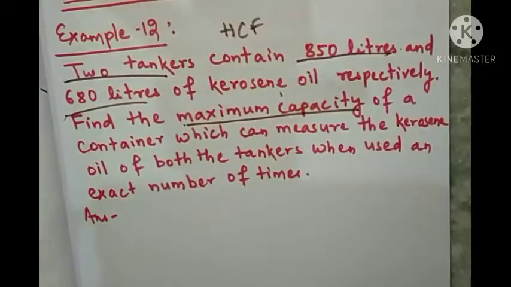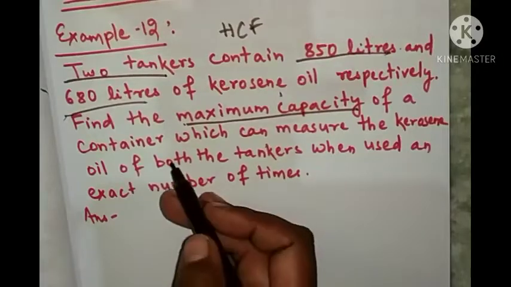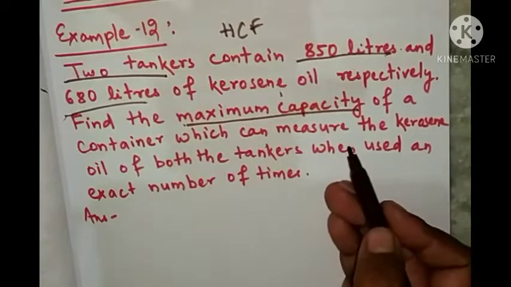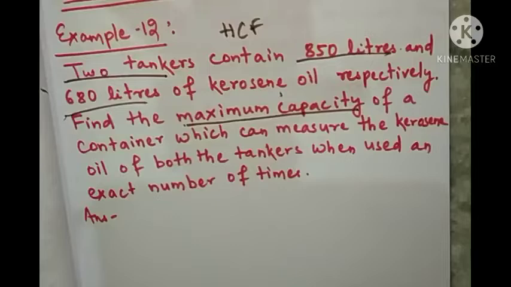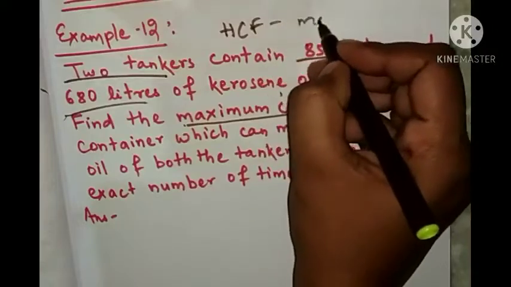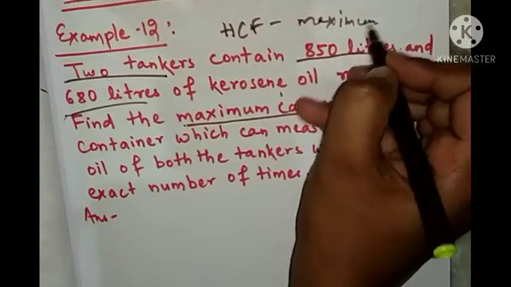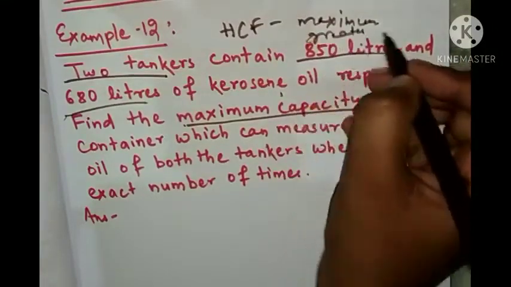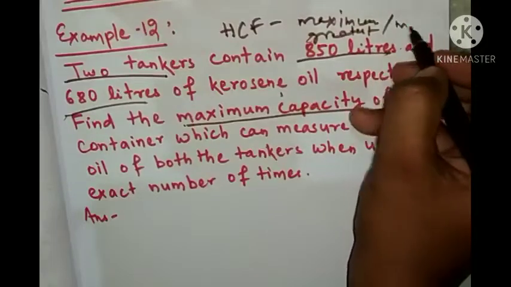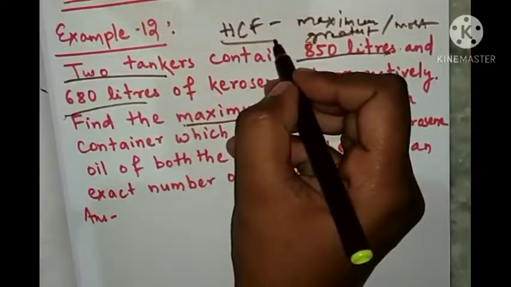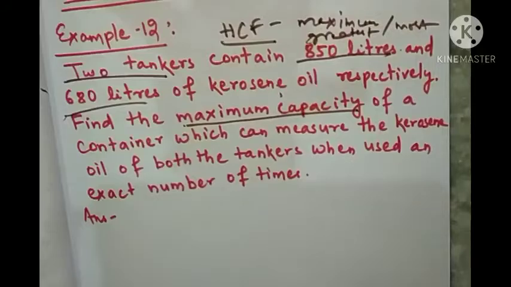If they had told you to find the least capacity, then where least is used, you will find the lowest common multiple. So where it is written maximum, greatest, or most, there you do what? HCF.